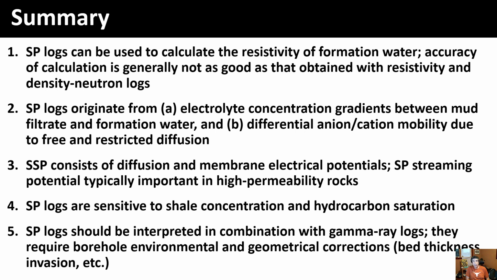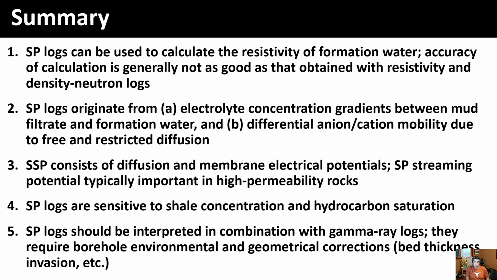And as I said, when you have the resistivity log, that calculation is used for verification, corroboration, quality control. I mentioned that the SP logs originate from the electrolyte concentrations in between the mud filtrate and formation water and differential anion cation mobility. And SSP is a superposition of diffusion and membrane potential, two different electrochemical origins for the SP potential.